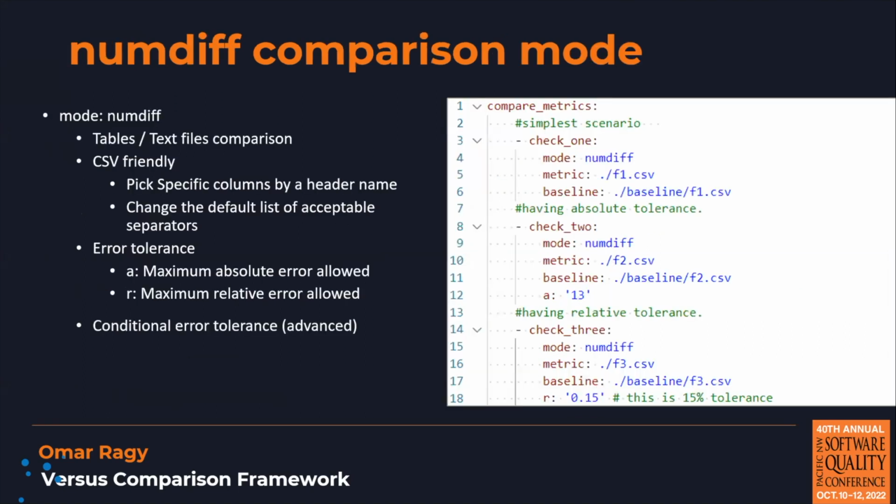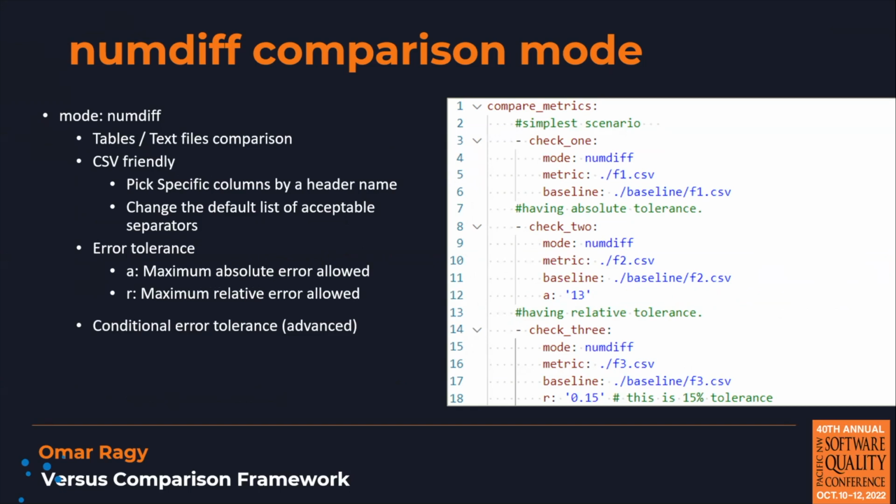Second one, I'm here explaining the non-diff mode, in which you can compare one CSV to another. This mode is rich by specifying some absolute error tolerance or relative error tolerance. So if any of the fields differs within 13 as a value, it passed.